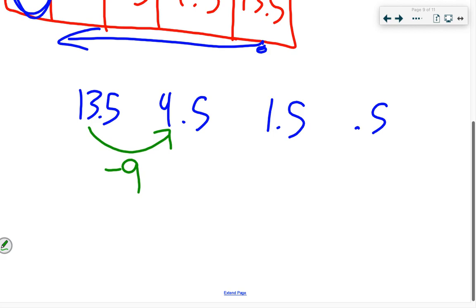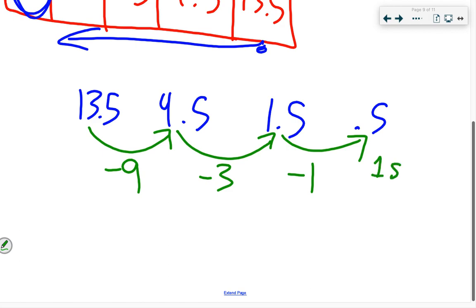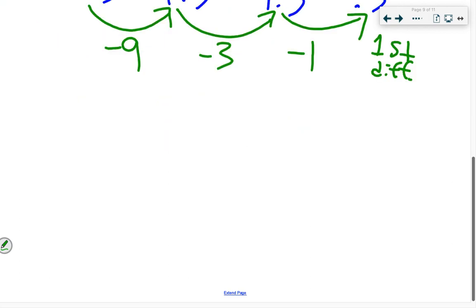And again, how much do we have to subtract from 4.5 to get to 1.5? Well, that's minus 3. And to get from 1.5 to 0.5, that's minus 1. So, first difference. Is it the same? Heck no.